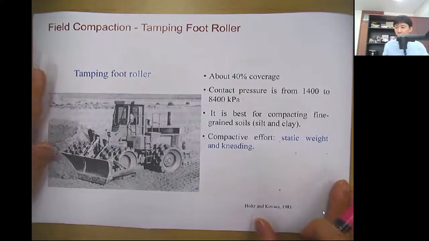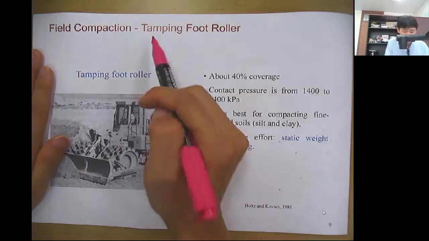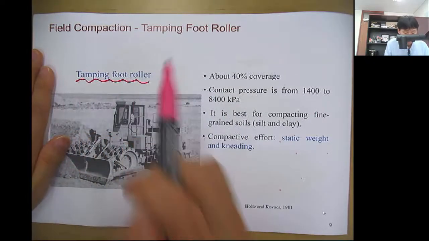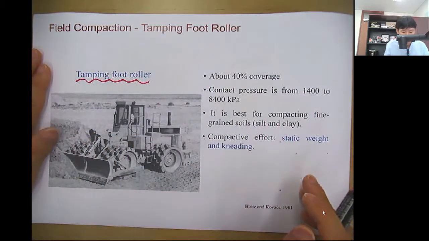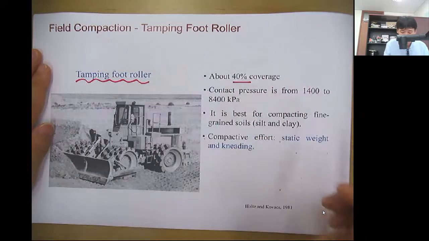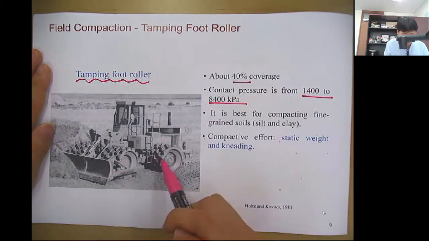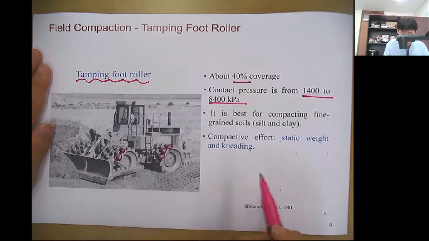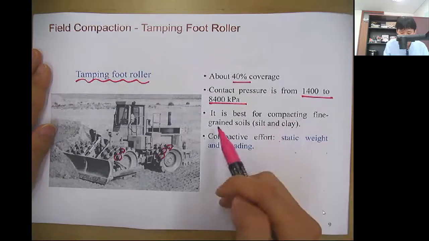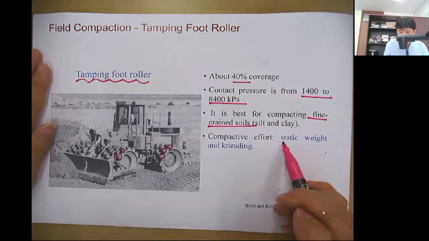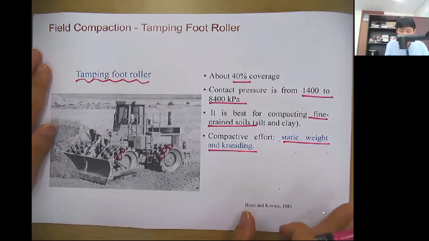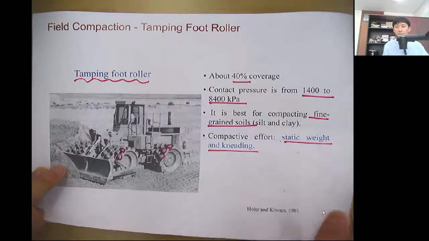And similar to the sheep's foot roller, there's a different type, the tamping foot roller. It has about 40% coverage and also a high contact pressure, and you see that it has tamping feet, like small protrusions, and it's also best for compacting fine grain soil. Steady weight and the kneading effect are the type of compactive effort.